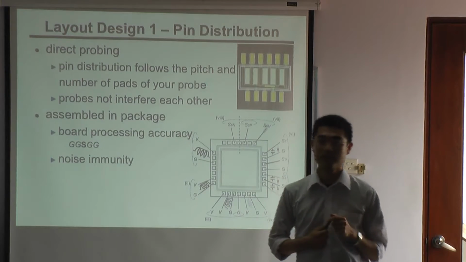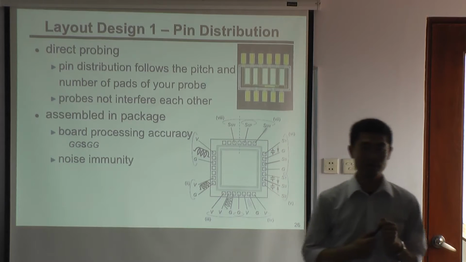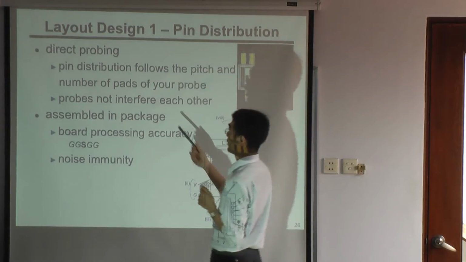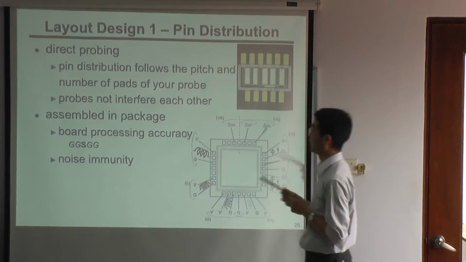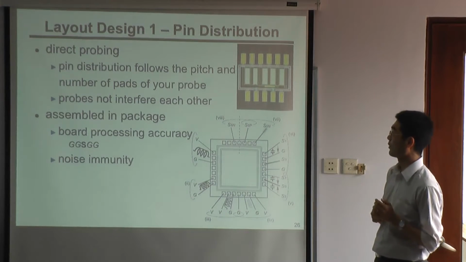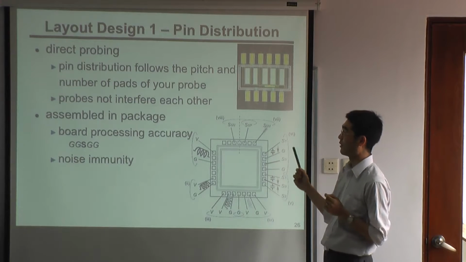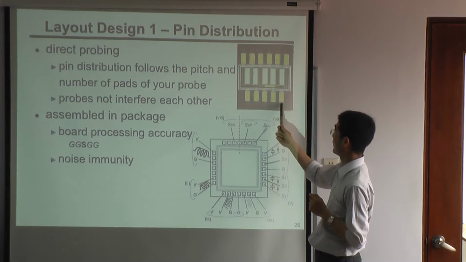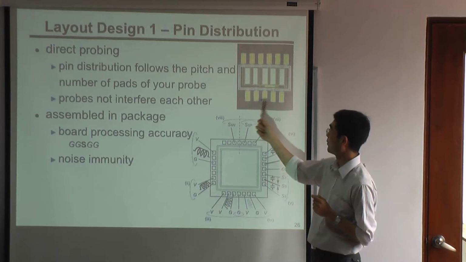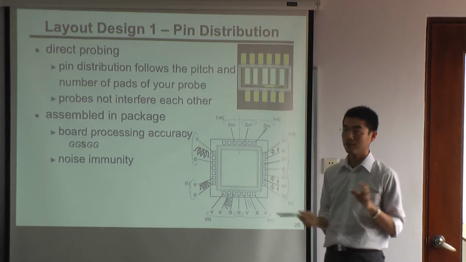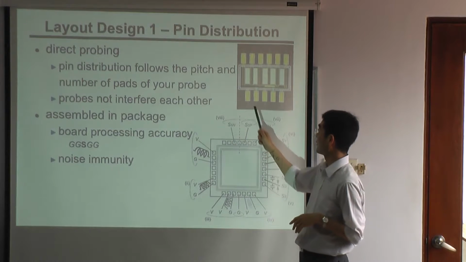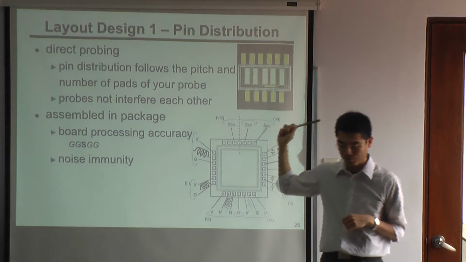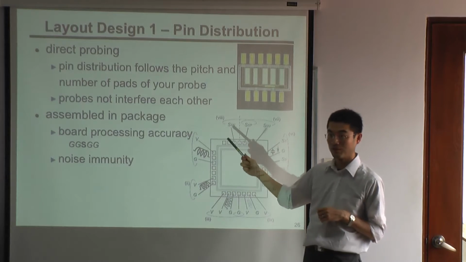The next thing, you will decide the pin distributions. If you do direct probing, the pin distribution follows the pin pitch and number of pads your probe has. For example, in this case, our probe has 5 pins, GSGSG, and the pad pitch is 100 micron.